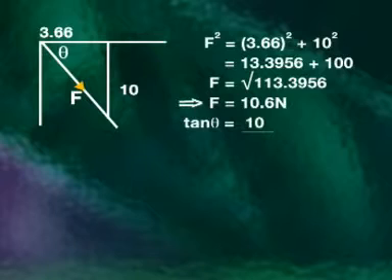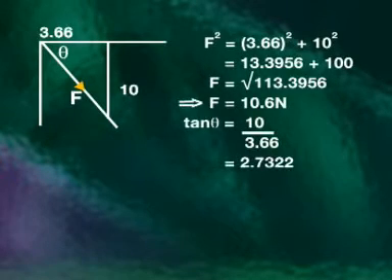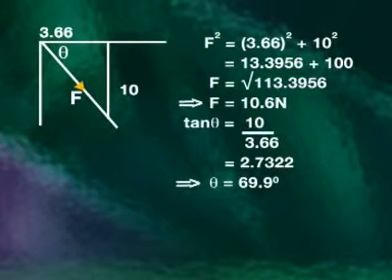For the angle, tan theta equals 10 divided by 3.66. This gives us 2.7322. Taking the tan inverse of this, we get theta equals 69.9 degrees.